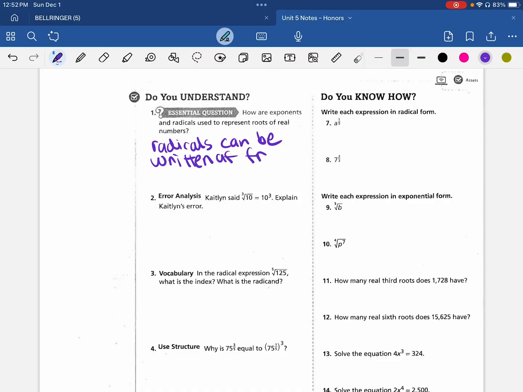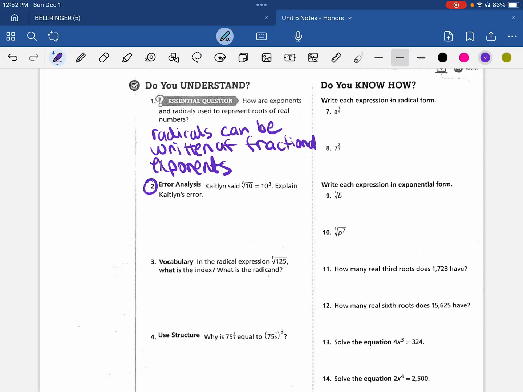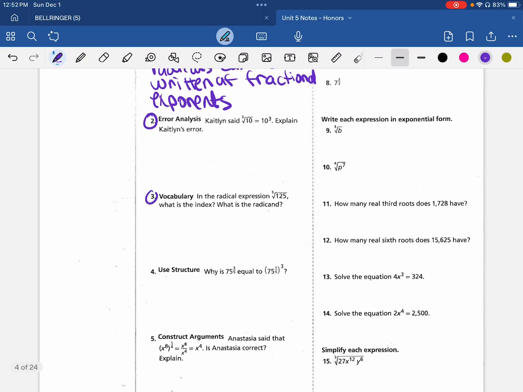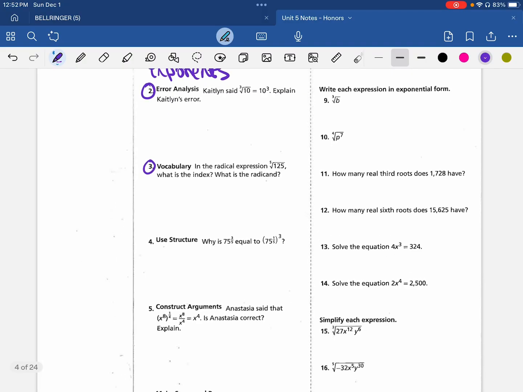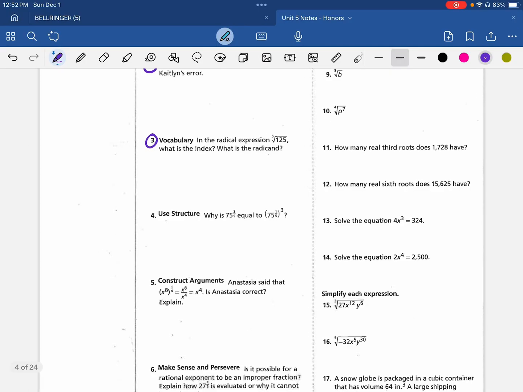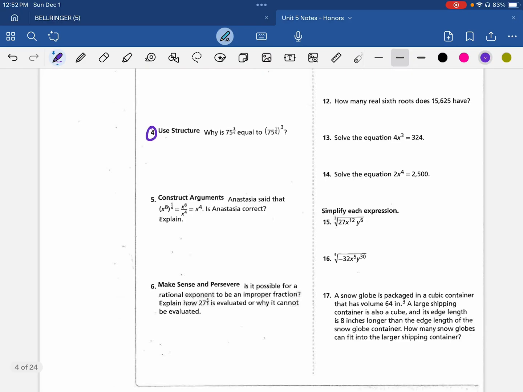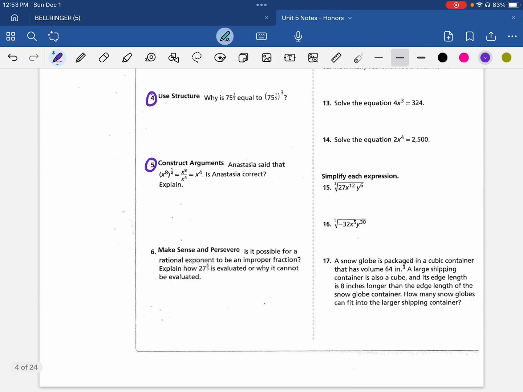And that's when the denominator would be your index. I'll let you do number 2, 3, 4, 5.